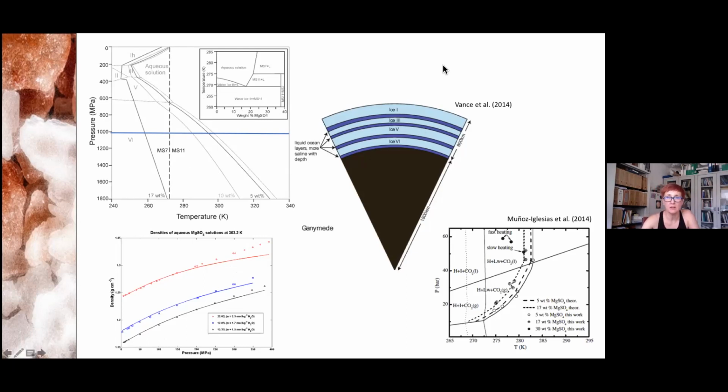In this case, Vance and collaborators propose a multi-ocean structure for Ganymede, where you can have different oceans between different phases of ice, between ice 6 and 5, 5 and 3, 3 and 1.